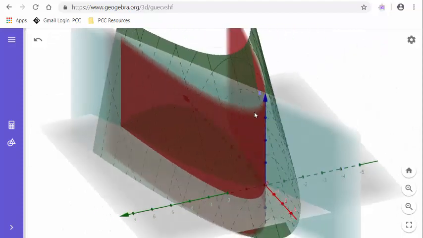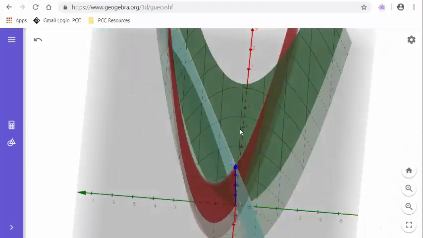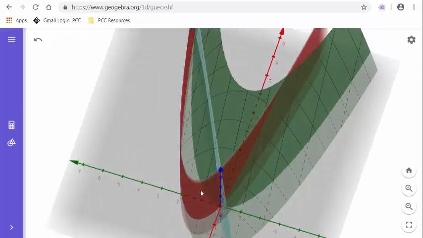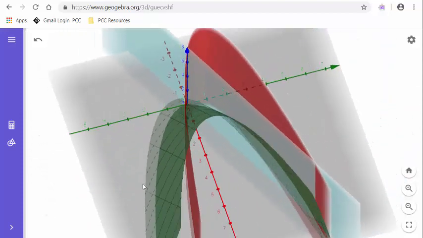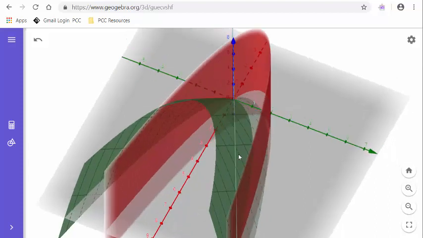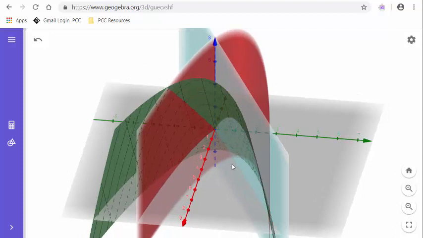So if I look at this from the side, we see this volume underneath the xy plane that is down here, and we have this volume that is above the xy plane over in there.